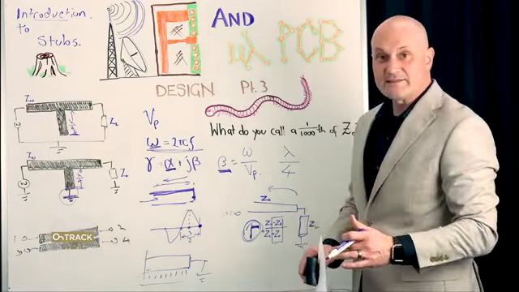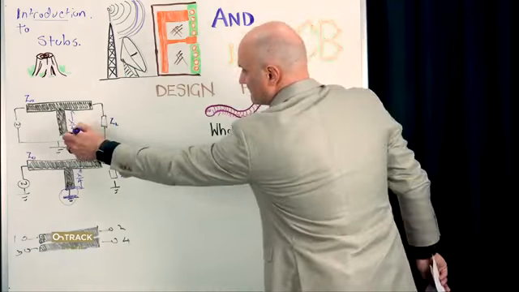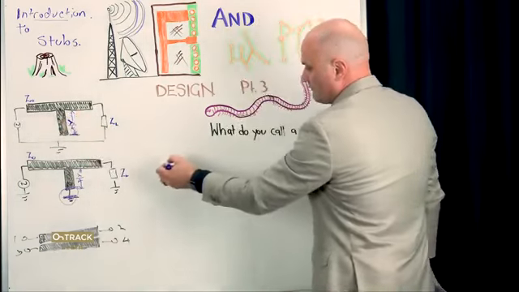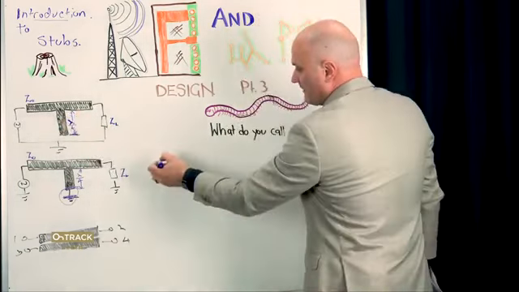So let's see, what are some of the other things we can learn about stubs? These are just the basic stubs that are a section of uniform Z0. They're the same width as our regular strip lines or microstrips. So what happens as we get close to that resonant frequency of a quarter wavelength, on either side of that?